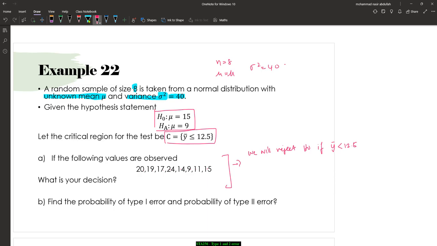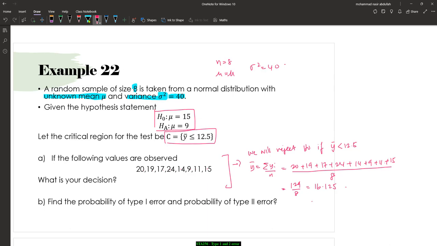So y bar is equal to the summation of yi divided by n. So 20 plus 19 plus 17 plus 24 plus 14 plus 9 plus 11 plus 15 divided by 8. I think 129 over 8, so this one should be 16.125.